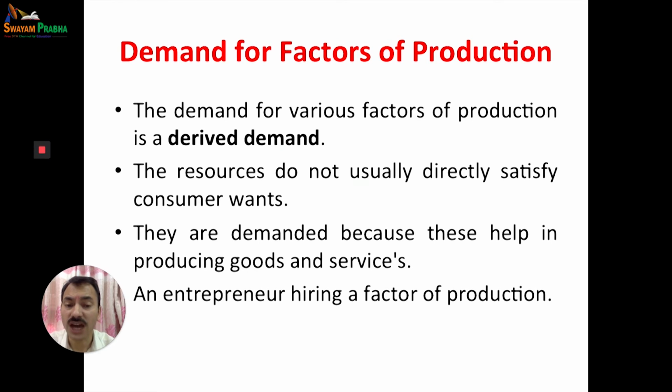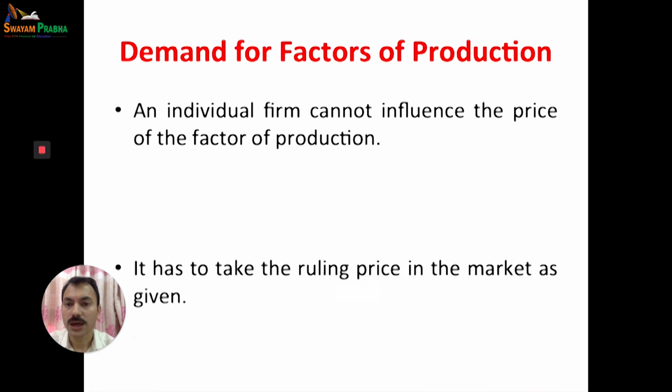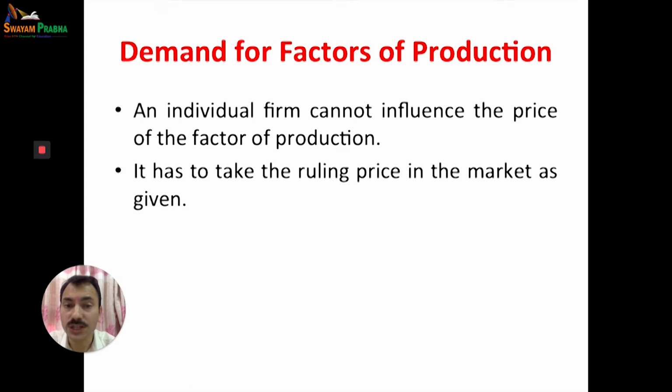An entrepreneur is hiring the factors of production. The role of the entrepreneur is hiring the factors of production, say labor, capital, most important, and maybe land also. An individual firm cannot influence the price of factors of production because of perfect competition. It has to take the ruling price in the market as given.